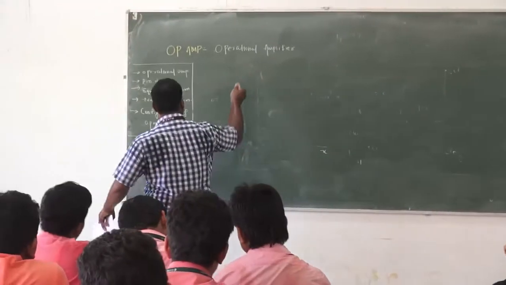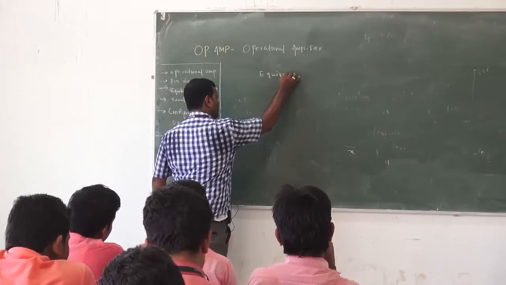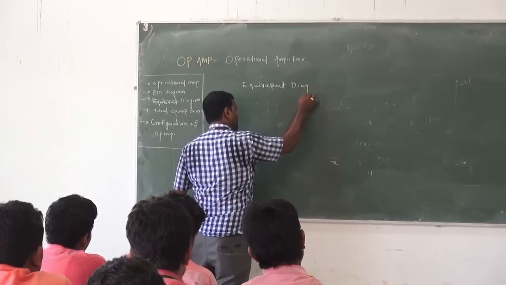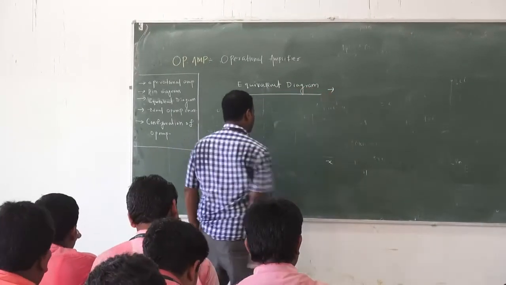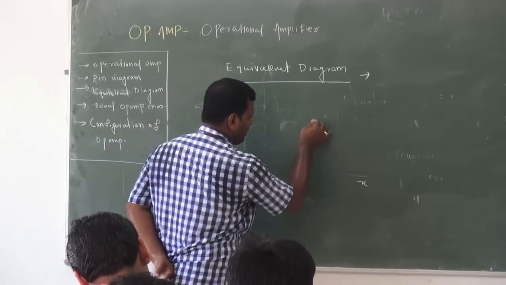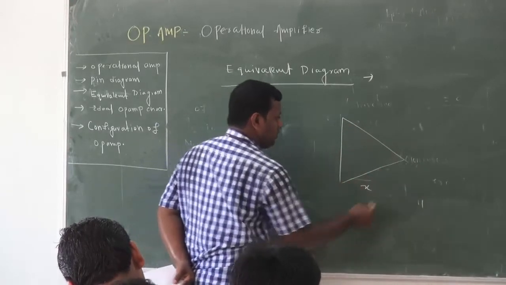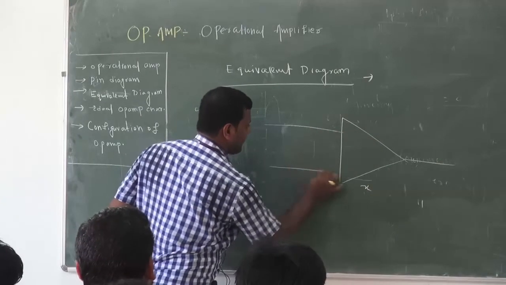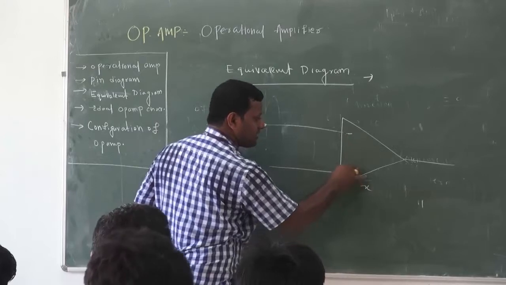Then its equivalent diagram. Actually, what is there inside the op-amp that I am going to draw: this is the minus terminal and this is the plus terminal.